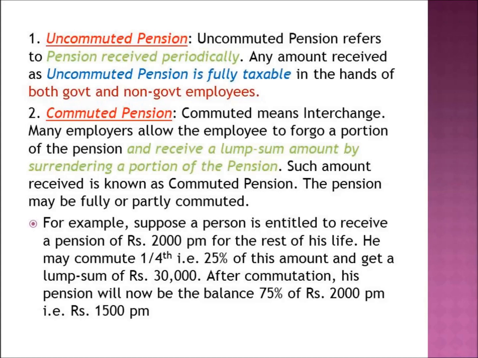So he will receive a lump sum of 30,000 at one time, and after that only 75% of rupees 2,000, that is 1,500, will be paid to him per month for the rest of his life. So this is what is known as commutation. We'll see more examples in the later slides so that this concept becomes more clear. That is what is commuted pension.